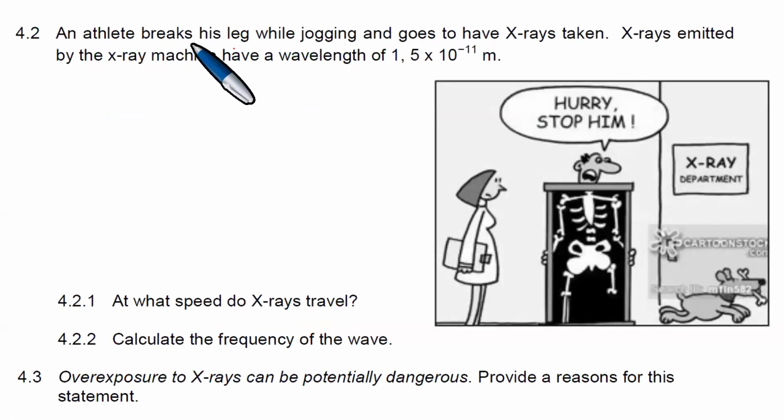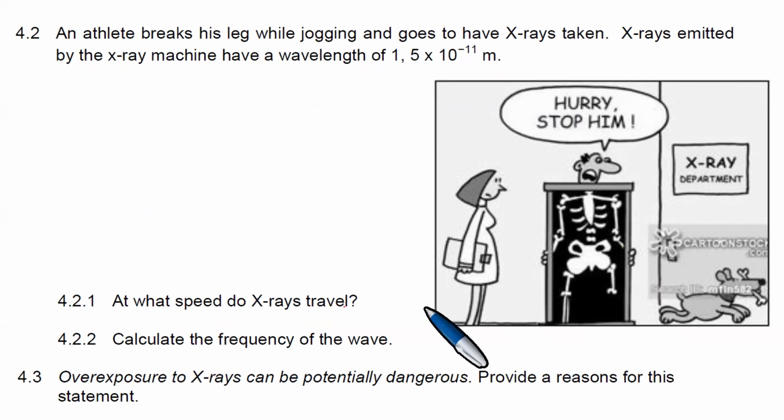An athlete breaks his leg while jogging and goes to have X-rays taken. Okay, one leg is broken of this athlete. The X-rays emitted by the X-ray machine have a wavelength of 1,5 times 10 to the minus 11 meters.